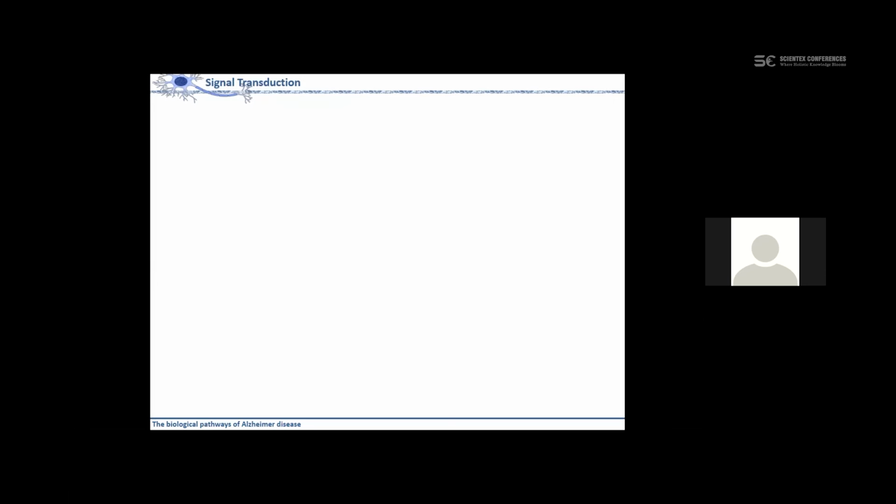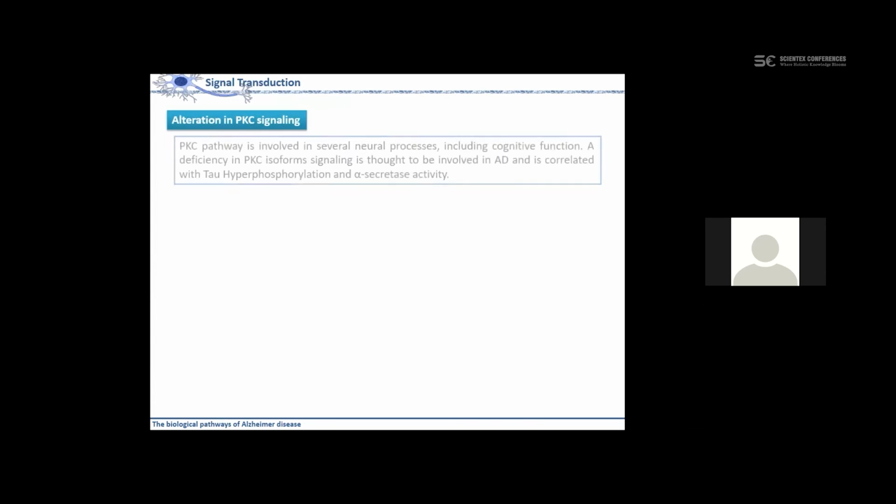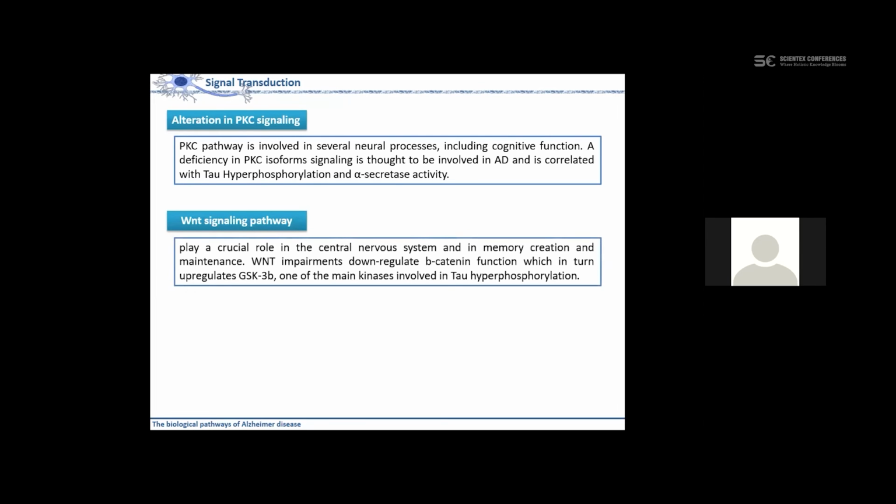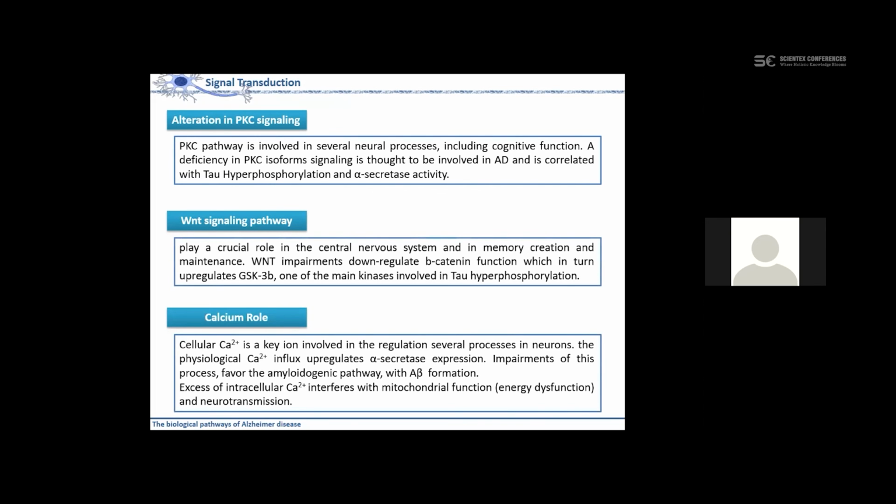Last but not least, the signal transduction process. In particular, alteration in PKC signaling, Wnt signaling pathway, and the role of calcium. We know that protein kinase C is present in 3 different isoforms. We have a calcium-dependent PKC called the cPKC, we have a calcium-independent isoform, nPKC, and we have an atypical isoform, aPKC.